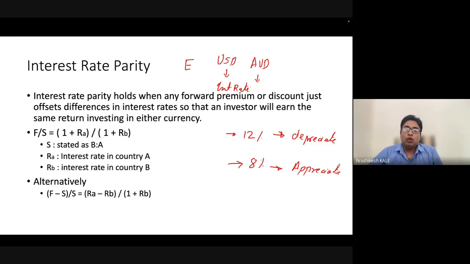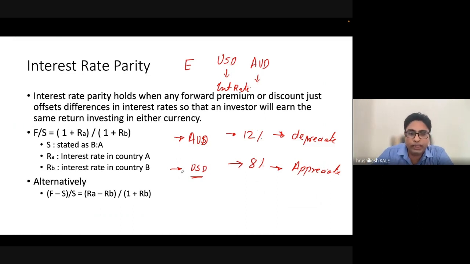Okay, so let's say the interest rate in Australia is 12% and the rate in USD is 8%, then the Australian currency will depreciate as compared to the US currency. That's the basis of interest rate parity.